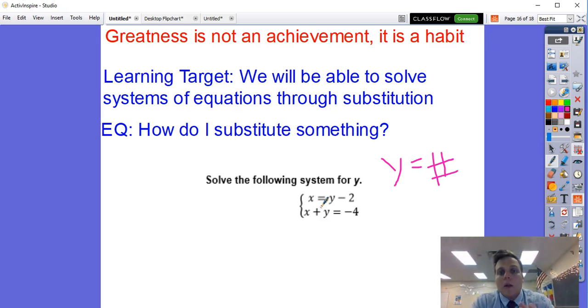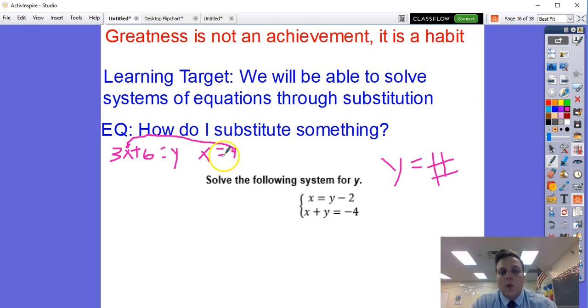We're going to solve through substitution. So how do I substitute something? Well, guys, you should remember that substitution means, let's pretend that you had some random thing, 3x plus 6 equals y, and I told you that x equaled 4. Then you could substitute the 4 in for x.